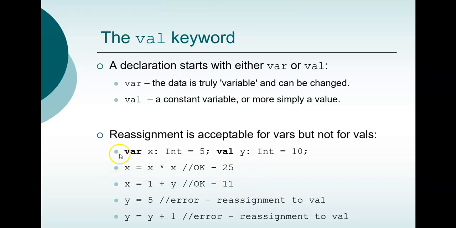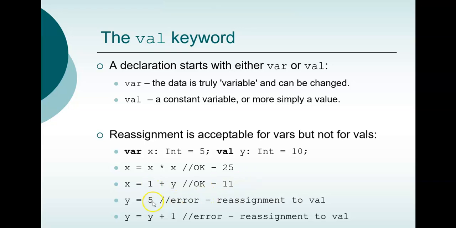So when you look at the reassignment in this second bullet point, we have var x int equals to 5, val y int equals to 10. We can multiply x by x and assign the value, which is accepted. We can subtract, which is accepted.